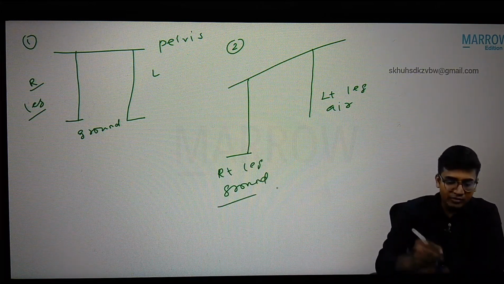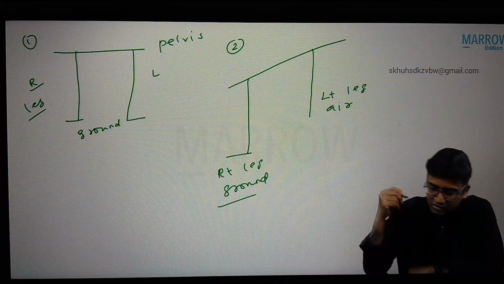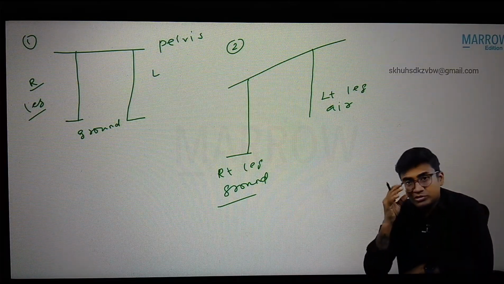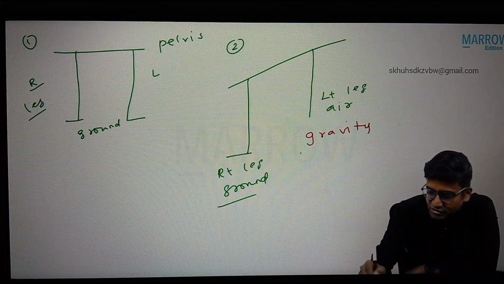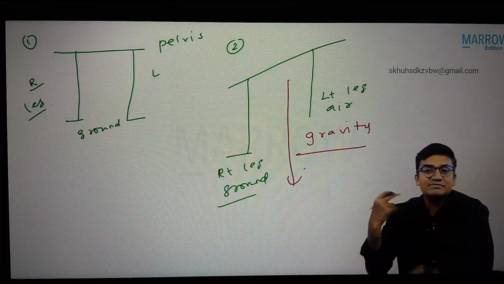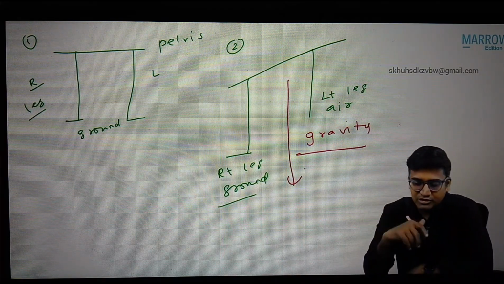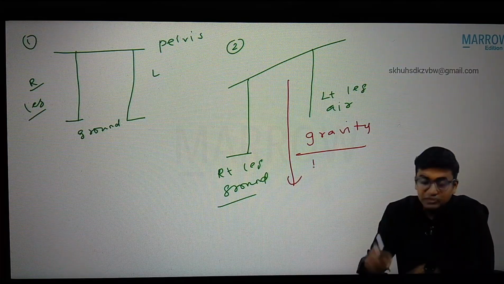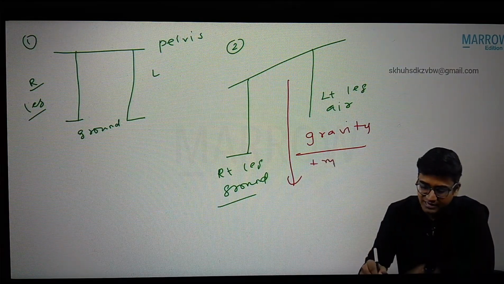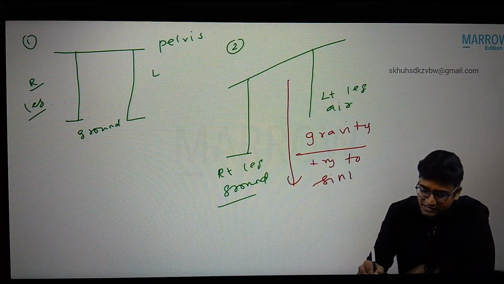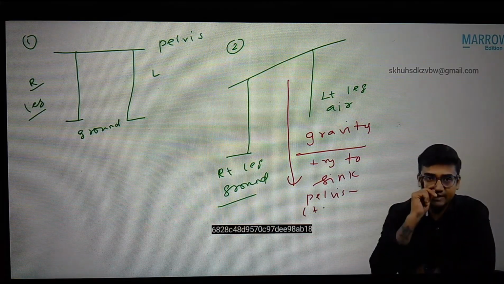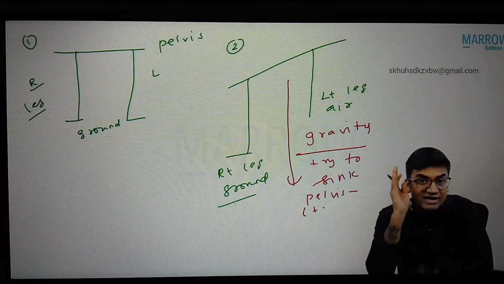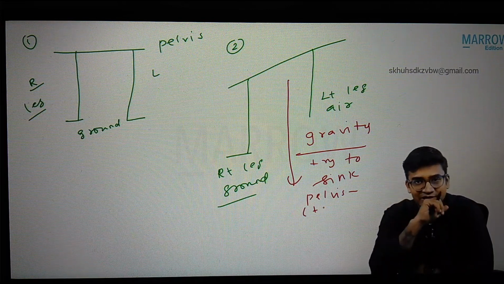Now see the diagram. The left leg is in the air, it is not supported on the ground. Now what will gravity do? Gravity tries to sink the pelvis on the left side, on the unsupported side, because that is not supported on the ground. But the pelvis is not sinking on the left unsupported side.